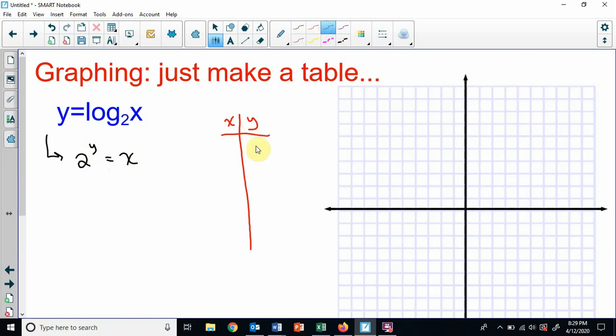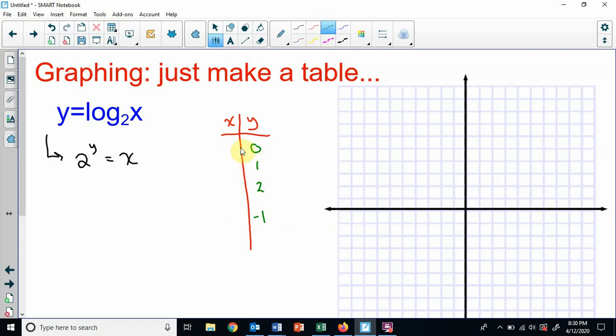Let's see. 0 should be easy. 1, 2. This should all be pretty easy. And then let's pick a negative y value just to see what will happen. I'm allowed to have negative y's, but I can't input negative x values. You'll see once you see the graph how this looks.